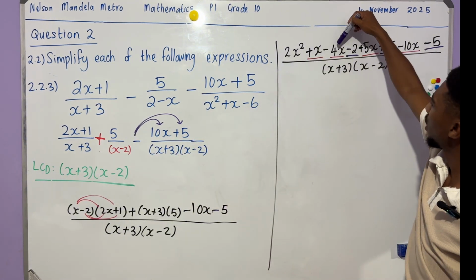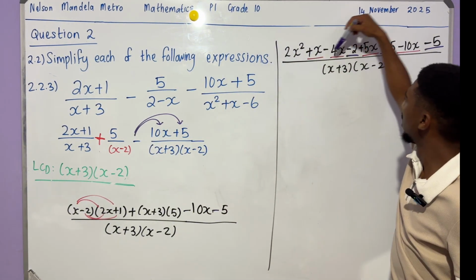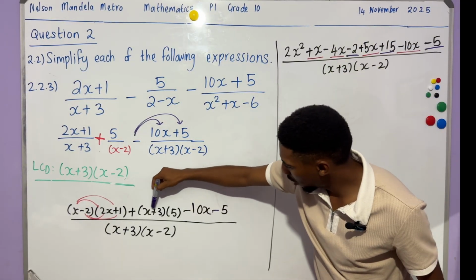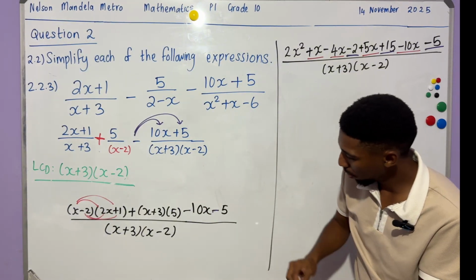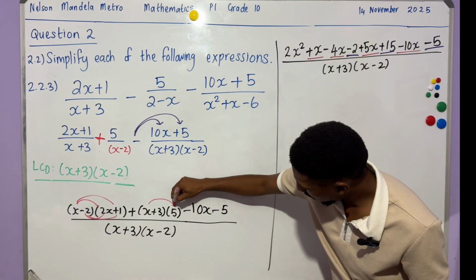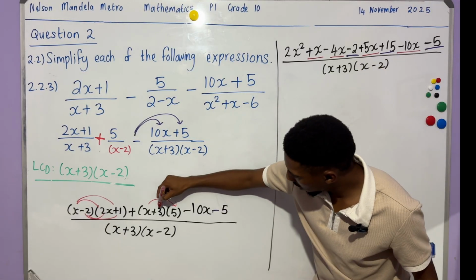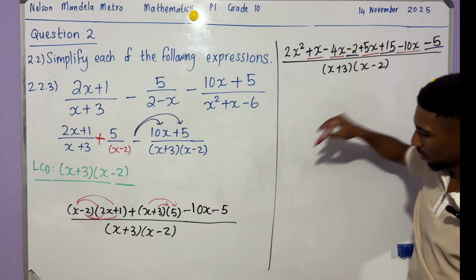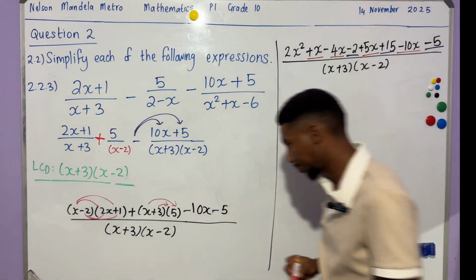Minus 2 times 2x is minus 4x, and minus 2 times 1 is minus 2. Then we have plus 5x, since the x is multiplied with the 5. And we take the 3 multiplied with the 5. That gives us 15. Then we have minus 10x and minus 5 that we carry along.